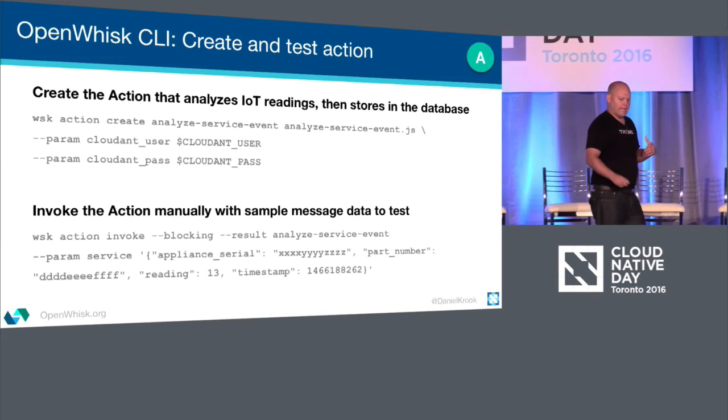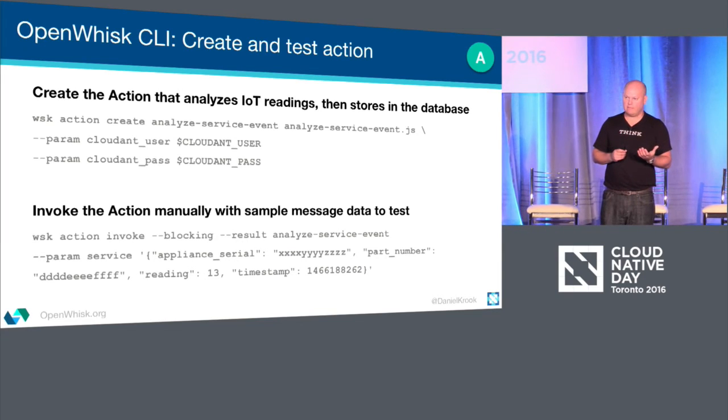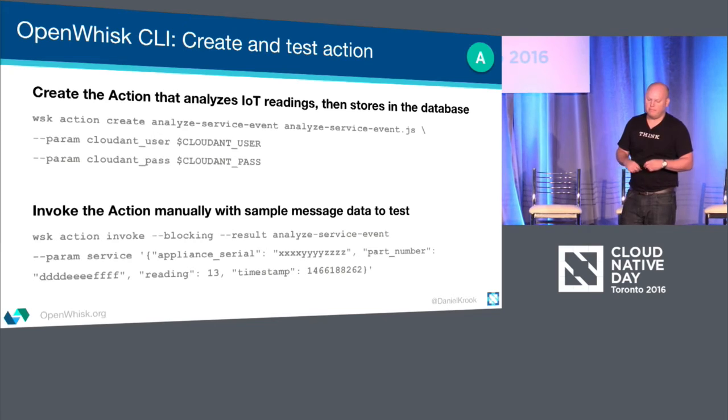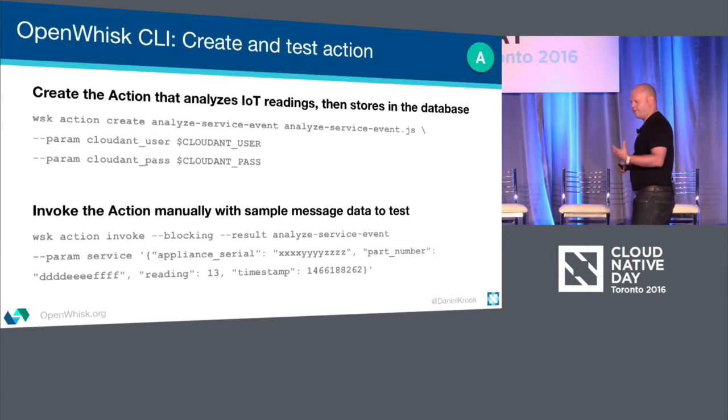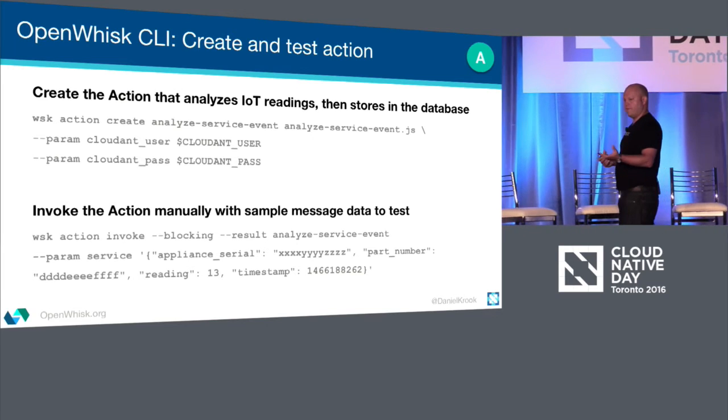Okay. And so to set up those actions, OpenWhisk, the open source project, provides a CLI. On the hosted Bluemix, there's also a web IDE. But within the developer workflow of creating those actions, they would write the JavaScript function.